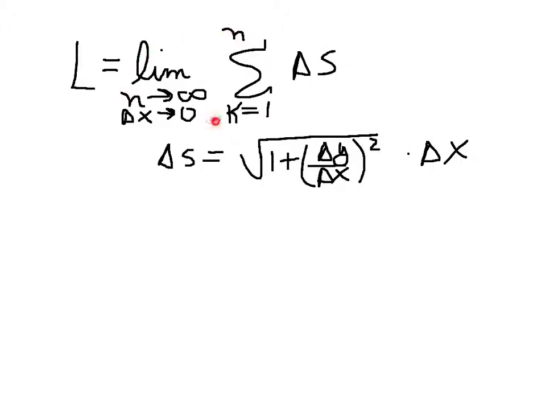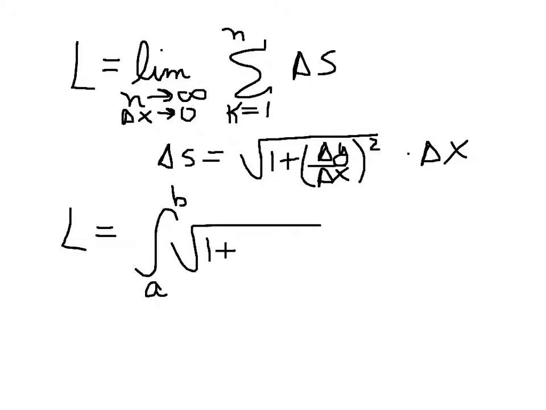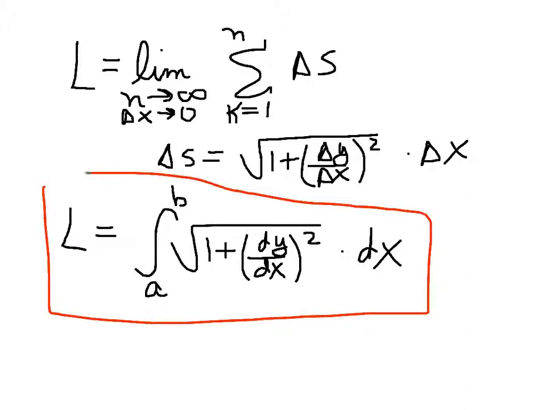And so this limit is simply going to, remember that delta s is this, so the length is going to equal simply the integral from a to b of the square root of 1 plus (dy/dx) squared dx. And that's our expression for the length of a curve from a to b.